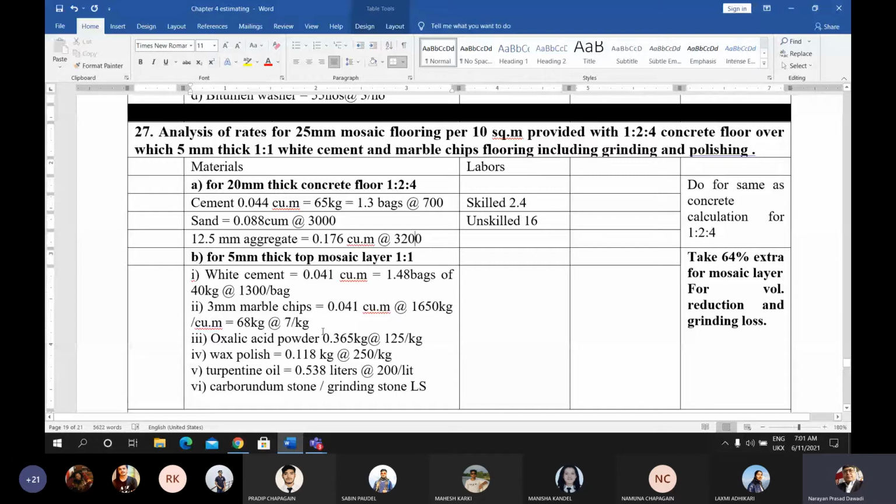You can get marble chips from the market at rupees 7 per kg. After multiplying this density with the volume of the marble chips, you will get the marble chips in kg. Per kg cost is rupees 7, or you can take rupees 10 per kg. In this way, you can find the cost of the 3 mm marble chips.